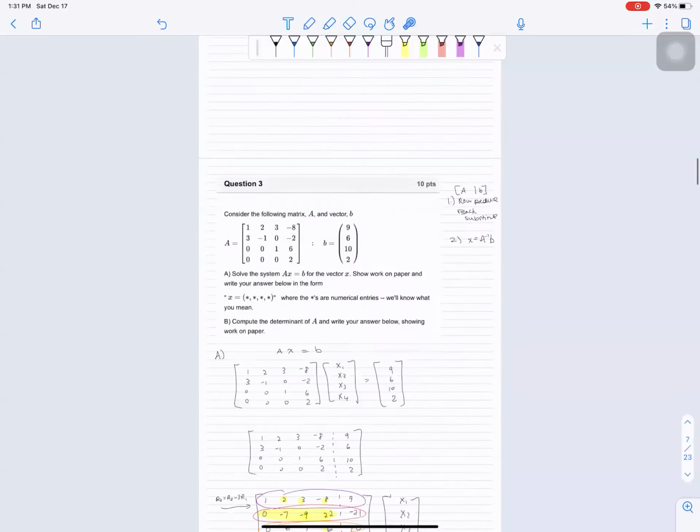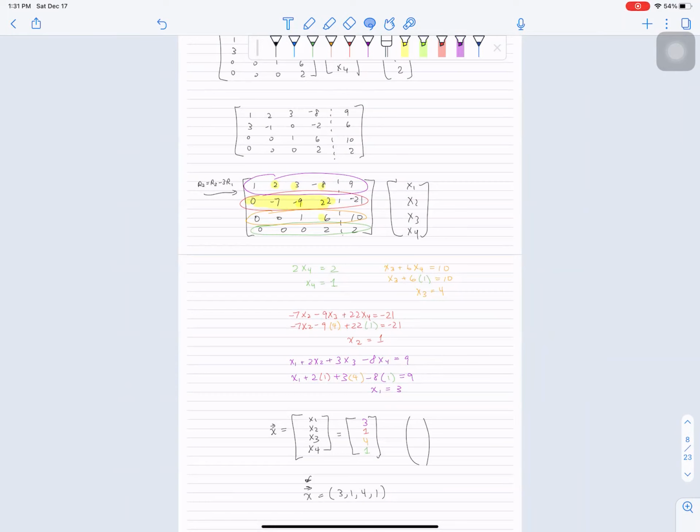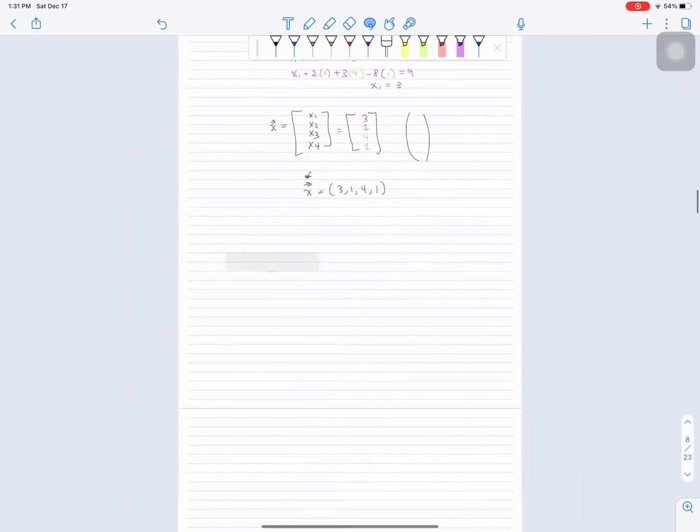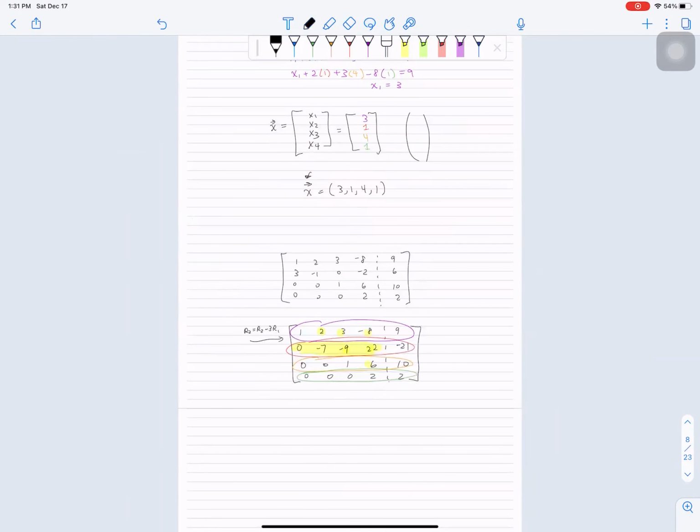Part B says compute the determinant of A and write your answer below. So let's find the determinant of A. Okay, so let's record what we've done so far. What did we do? We took our matrix. So I'm going to copy paste what we just did.